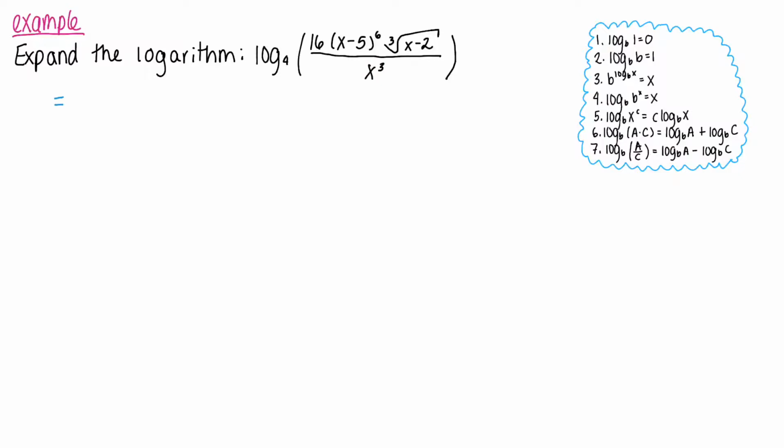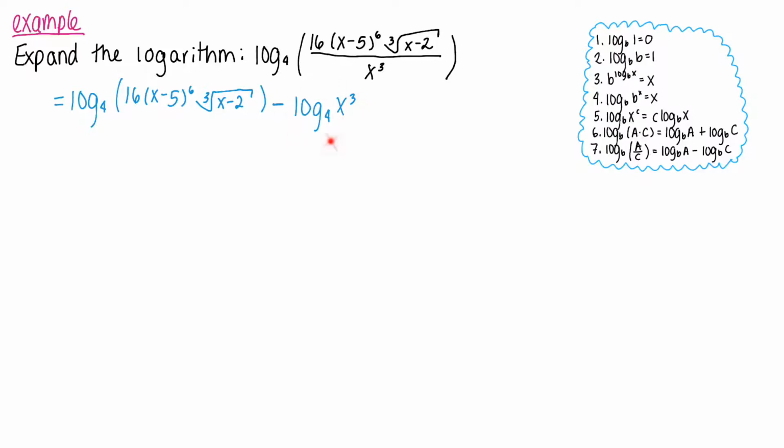So I'm going to do log base 4 of the numerator, so 16 times x minus 5 raised to the 6th times the cubed root of x minus 2, and then minus log base 4 of the denominator, which is x cubed.